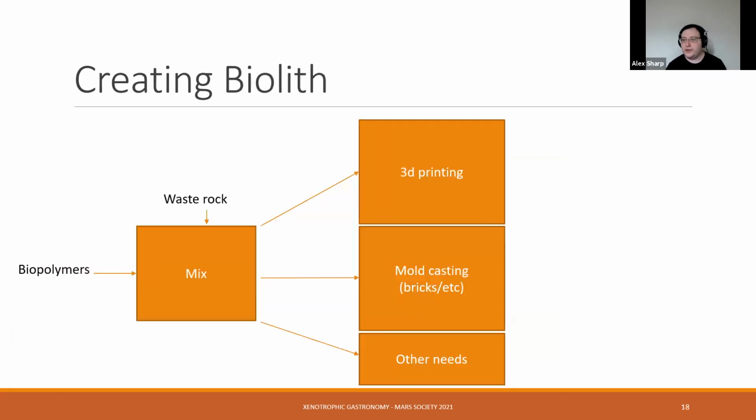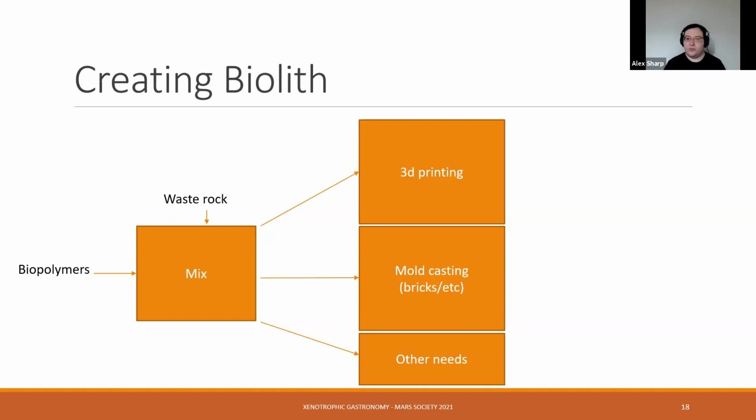So going from rocket fuel to concrete, biolith is an interesting class of materials. It is an artificial concrete where you have your waste rock coming in, and that's coated with various forms of biopolymers. And so by changing what polymers you use, what ratio you use, how you treat it after it's mixed, you can end up with a wide variety of differing things.